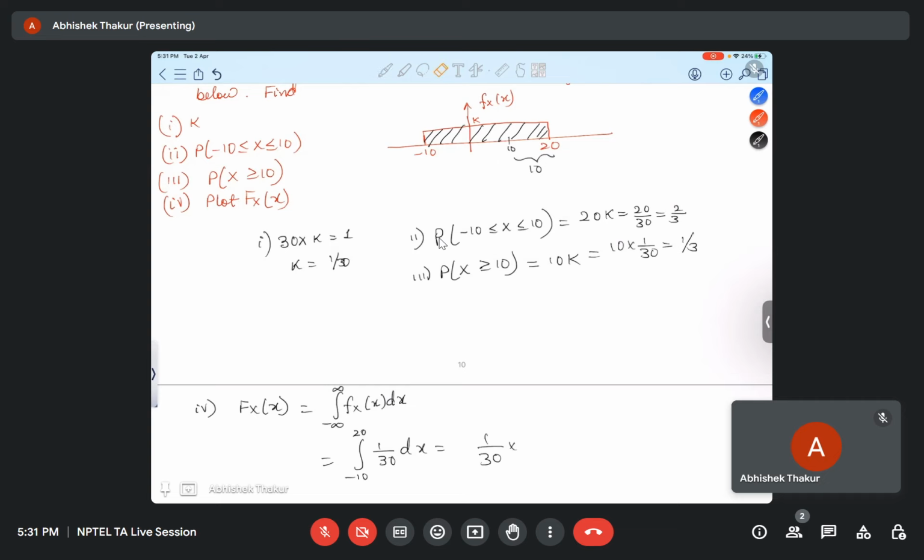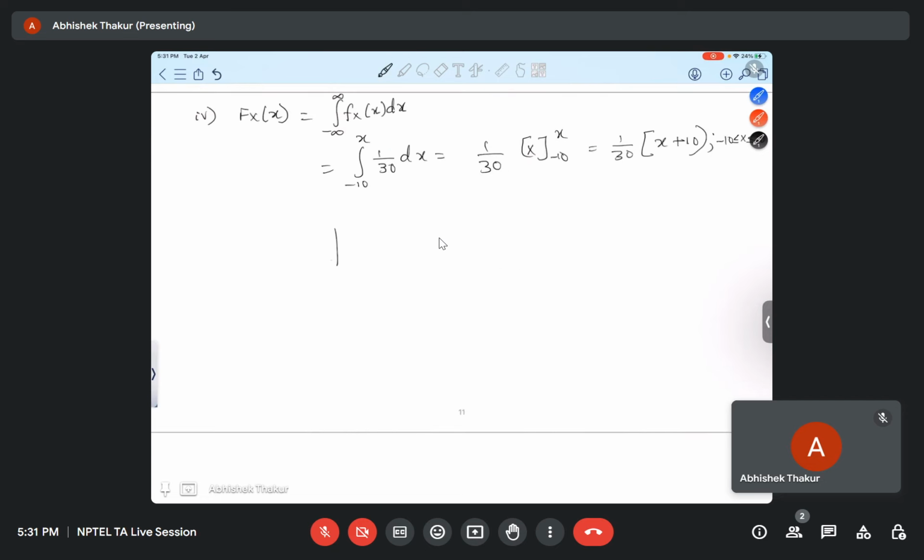Sorry, minus 10 to x. It will start from minus 10 and go up to x. So 1 by 30 into x, evaluated from minus 10 to x. So this is equal to 1 by 30 times (x plus 10). And for what values of x? When x is greater than or equal to minus 10 and less than or equal to 20. So now let's plot this curve.